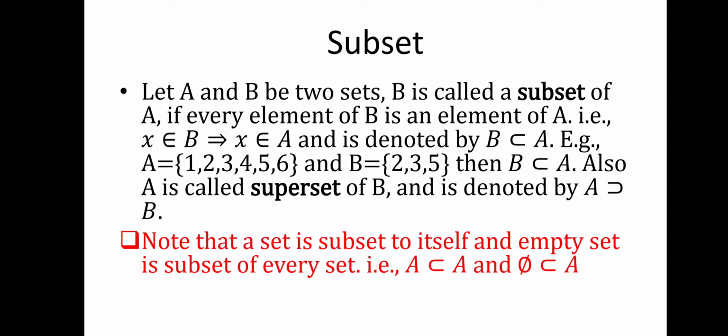It is pretty much like writing, for example, for numbers, I can always write 5 is equal to 5. At the same point of time, I can write 5 is greater than or equal to 5, or I can write 5 is less than or equal to 5. It is a true statement. Why? Because when I am writing 5 is less than or equal to 5, that means 5 is either less than or equal to 5.